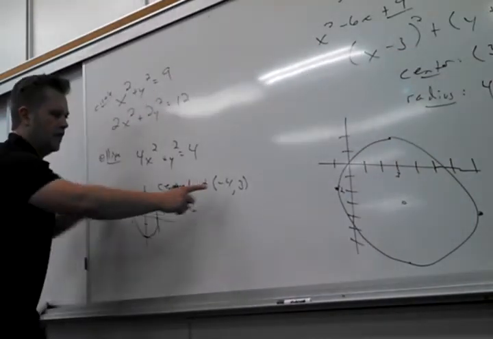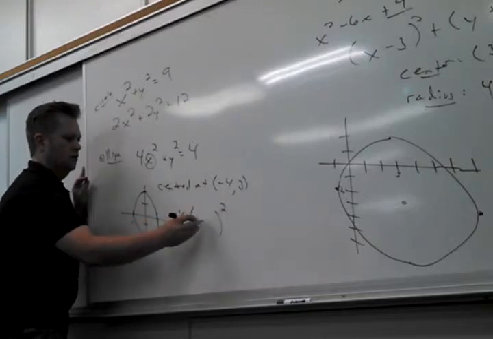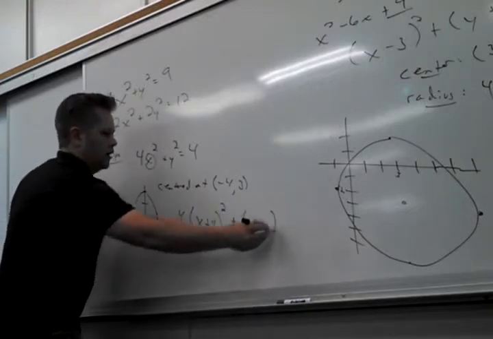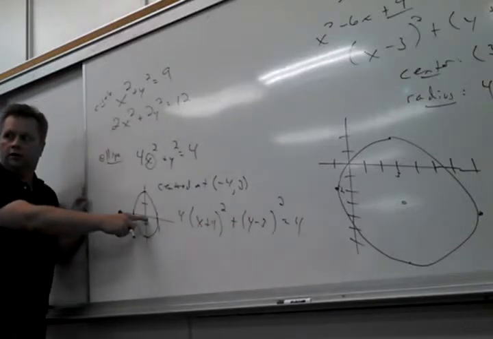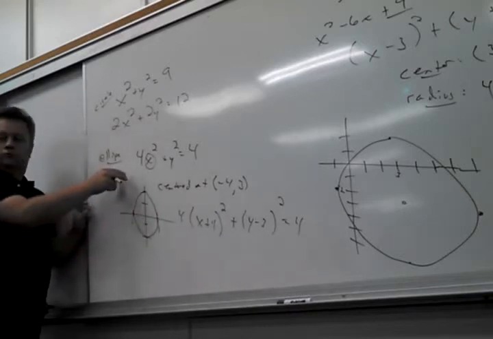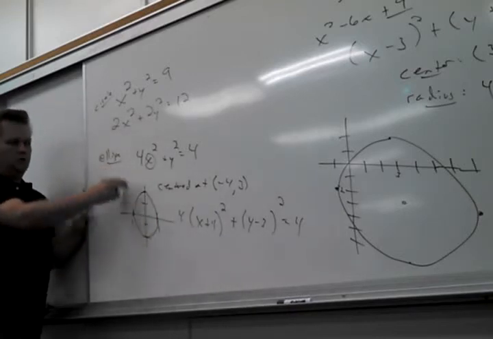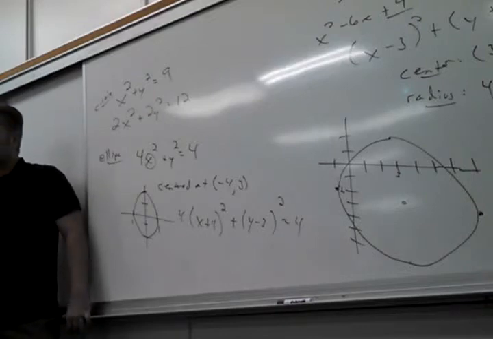So how would I make negative 4? What would I do with this? Plus 4. And then what would I do there? Y minus 3. There you go. Now that would be the same picture, except it would be centered at negative 4, 3. Same football, just move it up here, right? Do you guys kind of get that?